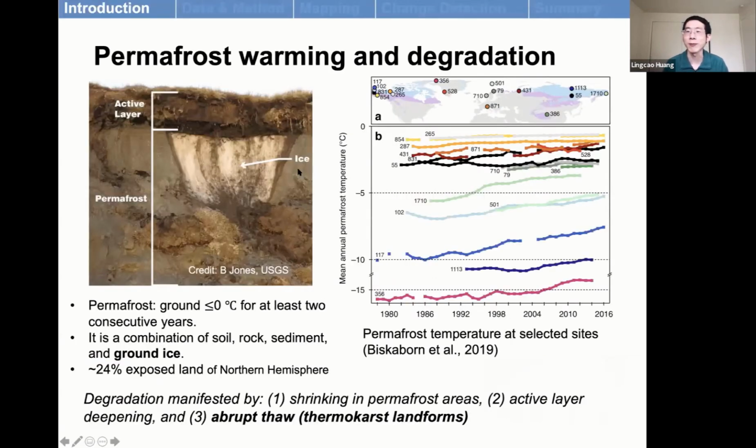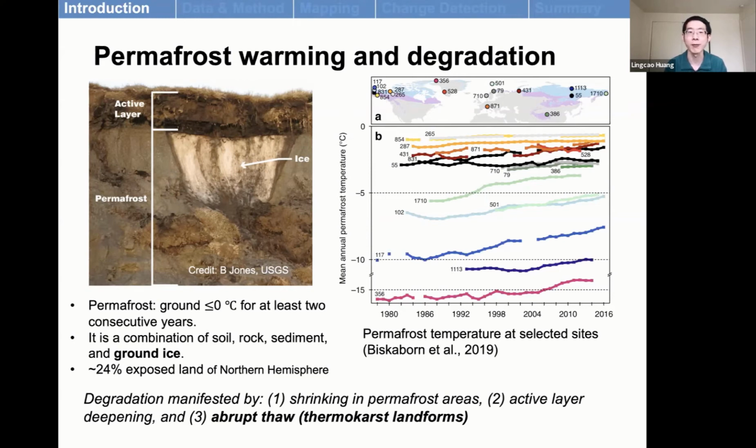First, I would like to give some introduction about permafrost and its degradation. Here is a photo of permafrost, the active layer, and also we can see the ground ice in the permafrost. Permafrost is defined purely by temperature: ground with temperature less than 0 degrees Celsius for at least 2 consecutive years, then we can consider it as permafrost.